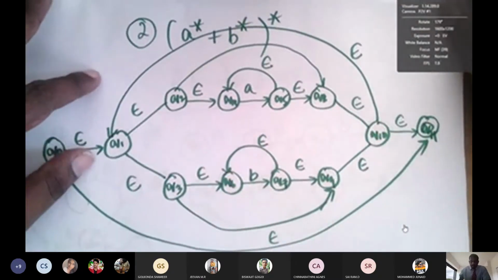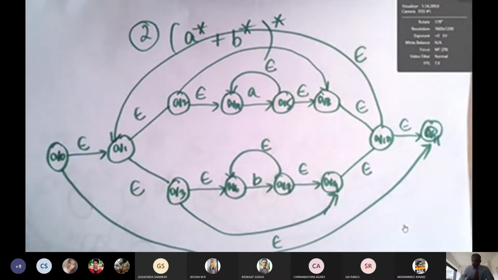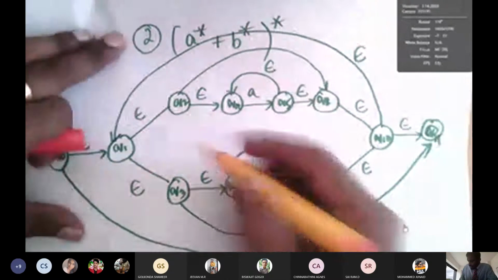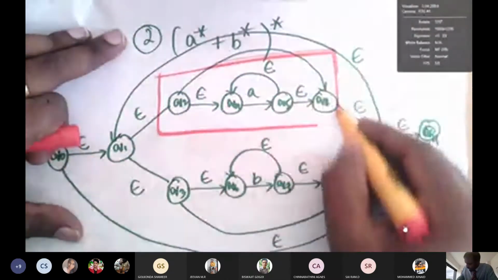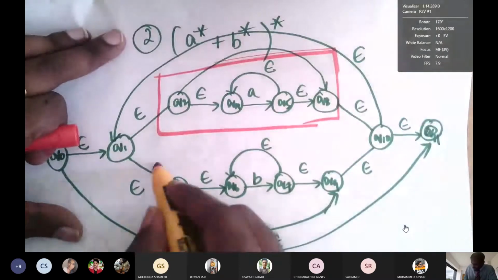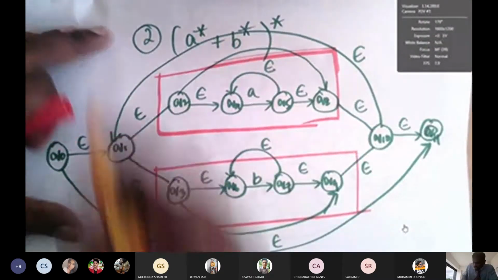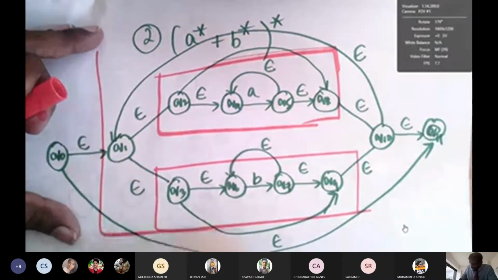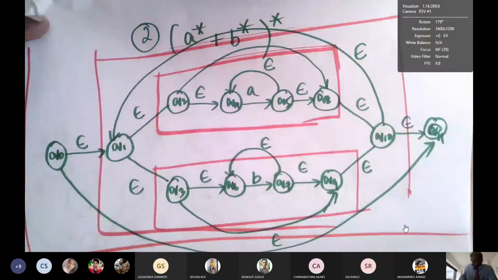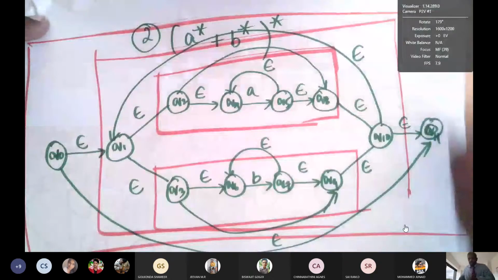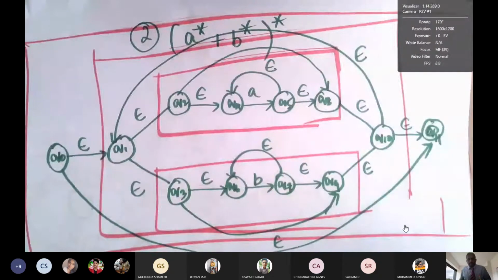This is (A star or B star) followed by the whole star. Step one, write this A star here. This is B star here. And this is A star or B star, and the final one is (A star plus B star) whole star. This is how we want to proceed.